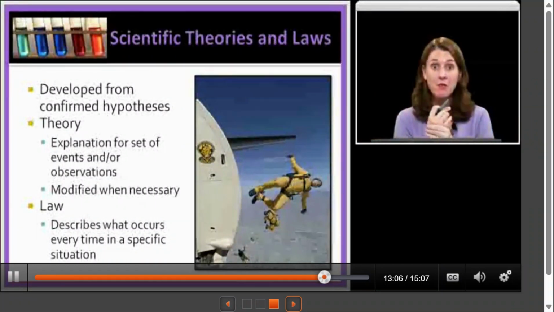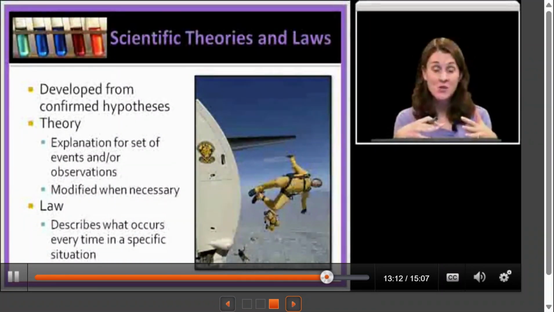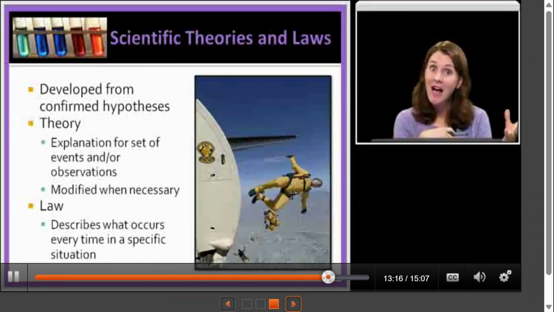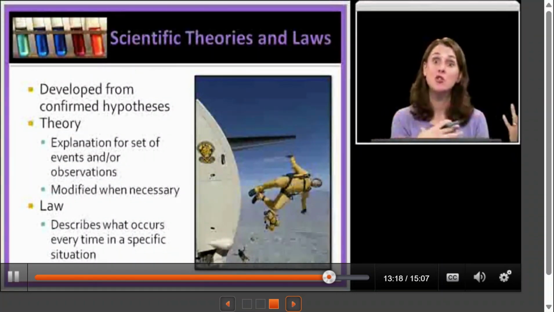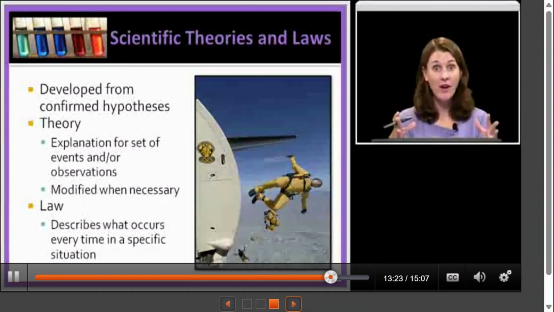So that's the difference between a scientific theory and a scientific law. And again, remember, these laws and theories would never exist without the different experiments that scientists conduct and without their hypotheses that they continue to revise and change and experiment with. We would never get to this point where you have theories or laws.